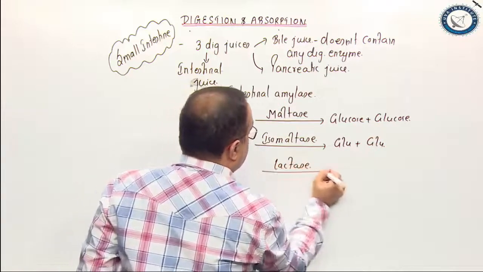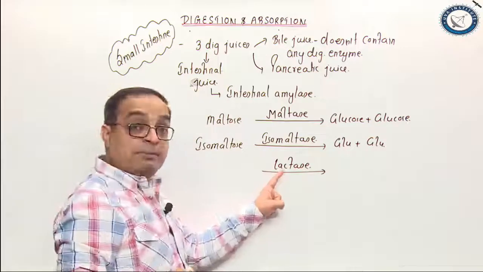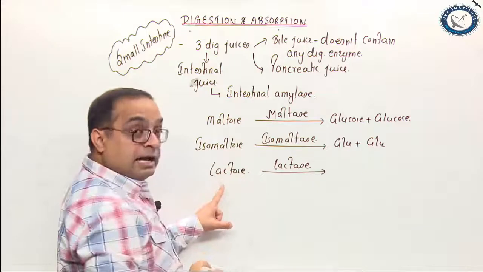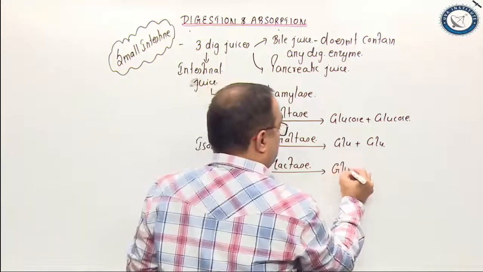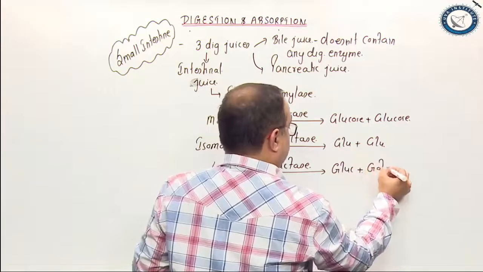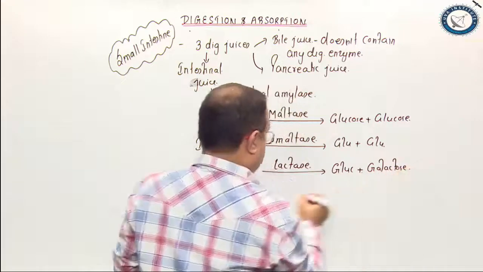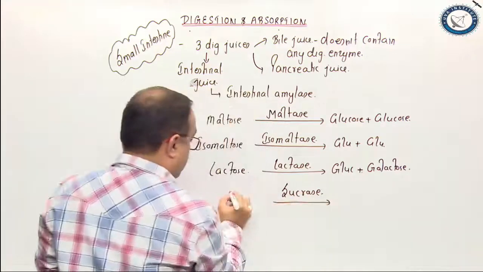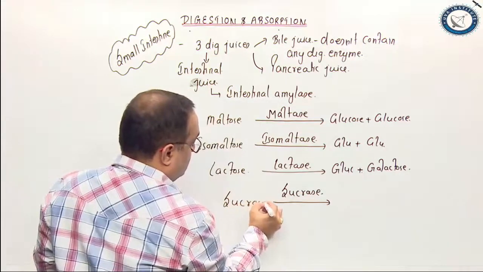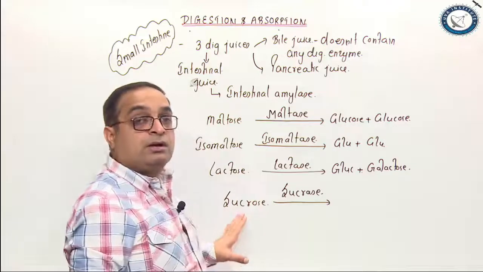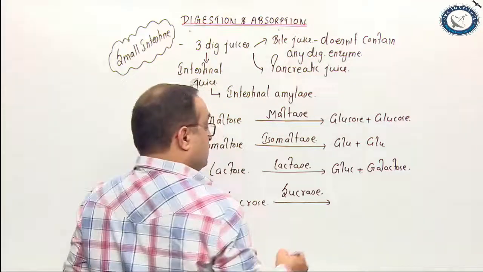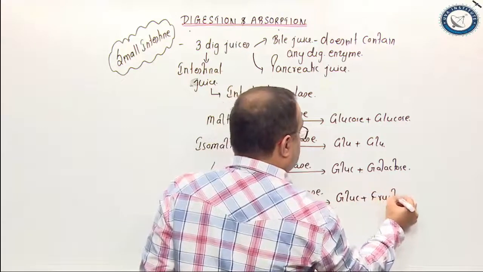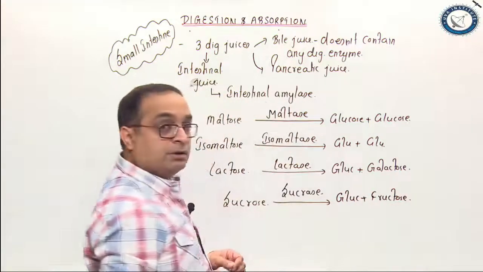The lactase enzyme, which is present in the intestinal juice of mammals, acts on the milk sugar lactose and breaks it into glucose plus galactose. The sucrase enzyme breaks sucrose, which is the table sugar, commercial sugar or cane sugar, into glucose plus fructose, right?